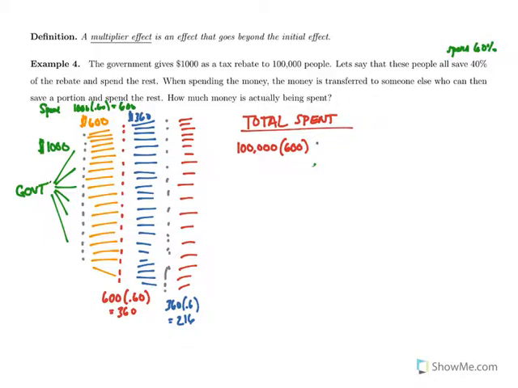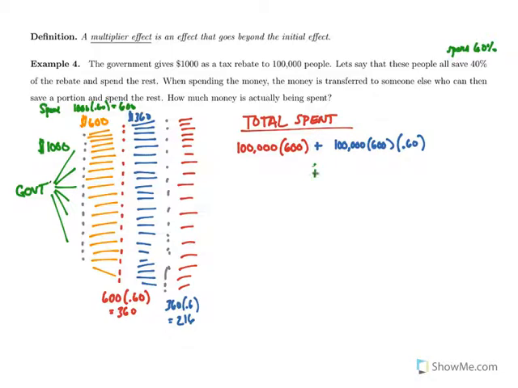Then, past that, we're going to have that money times 0.6 is going to be spent. All that money was spent, and 60% of that, sorry, not times 0.06, times 0.6, is going to be spent total.